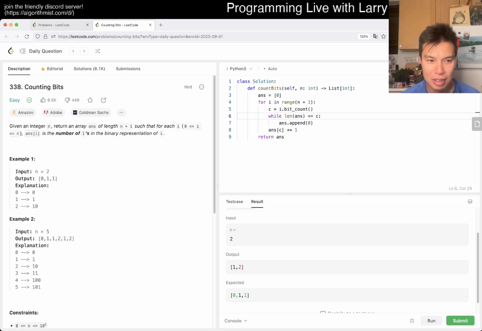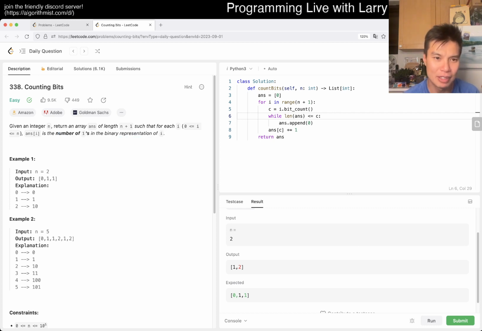Zero. It goes from... maybe am I thinking of something else? 1 and 2. Oh, I actually misread this, but okay, I see what the situation is.